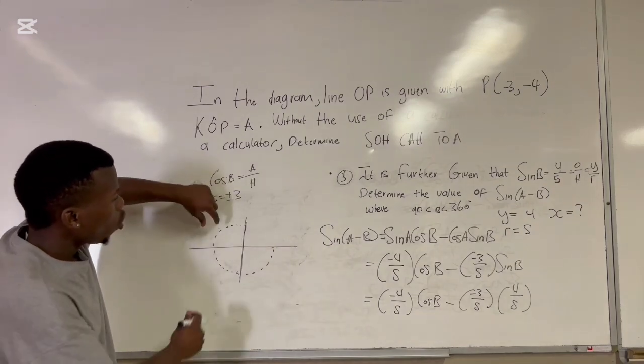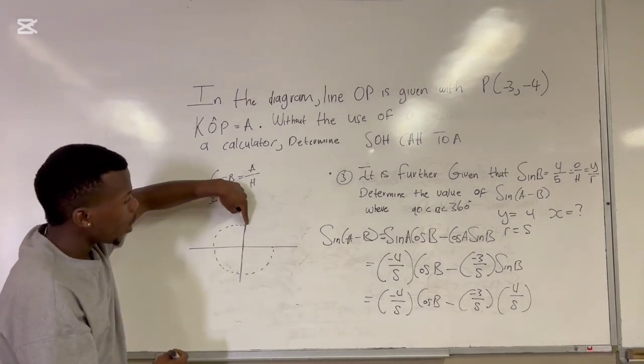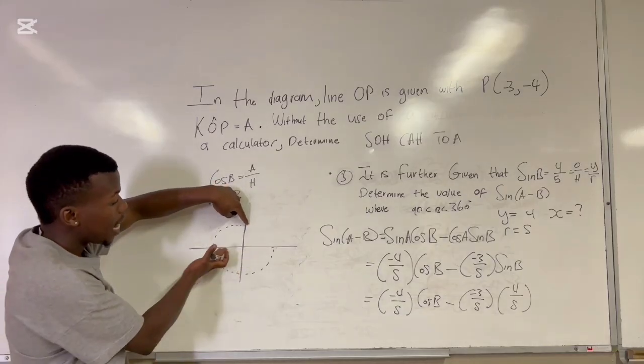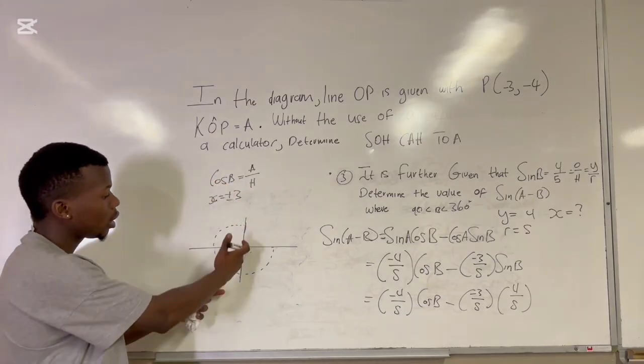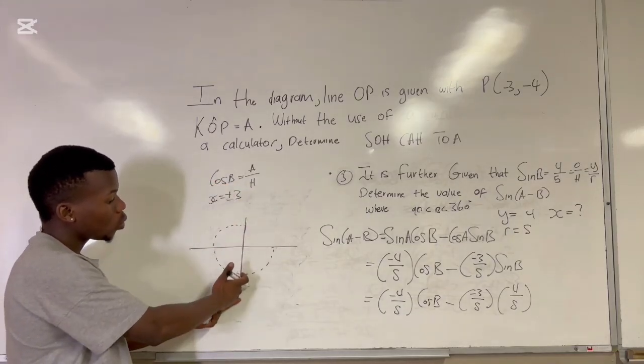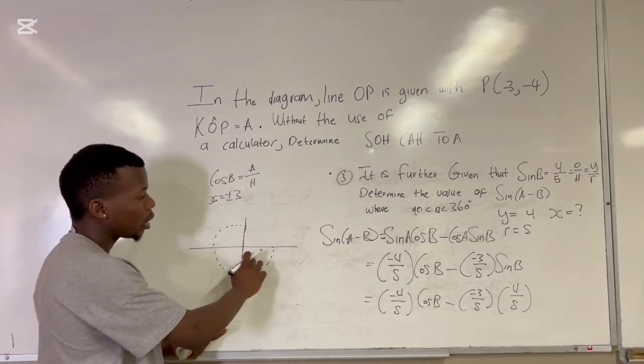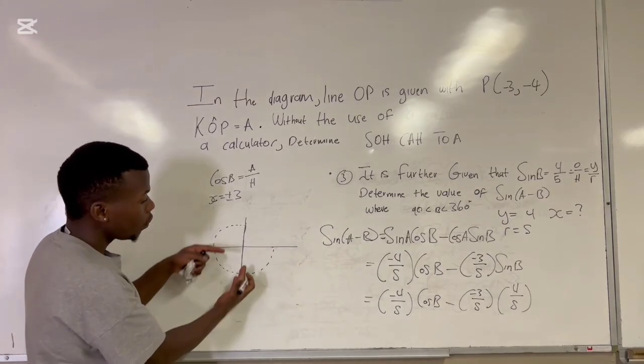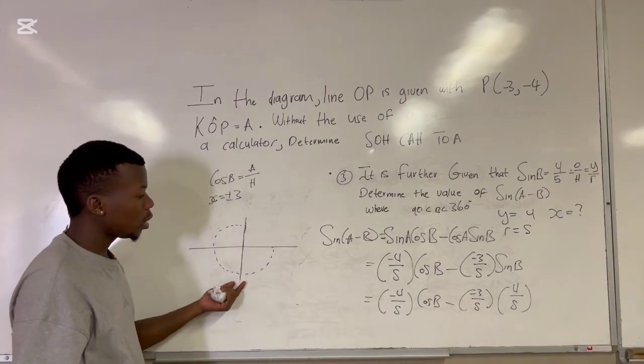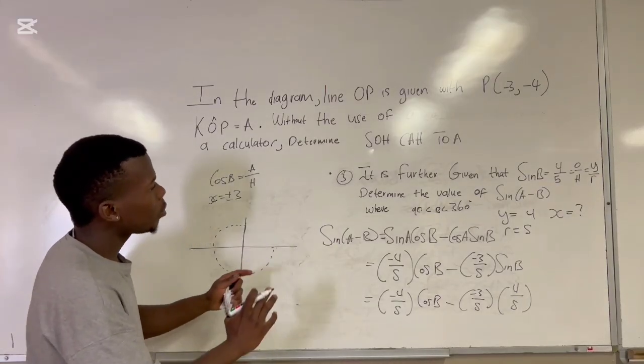Now let's check something. Here on this quadrant, the y value is positive and the x value is negative. On this quadrant, the y value is negative and the x value is negative. But on this quadrant, the x value is positive and the y value is negative.